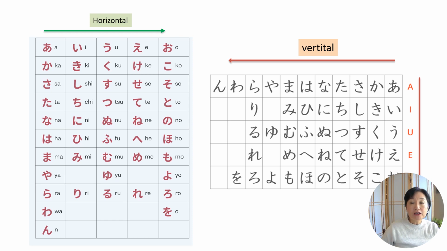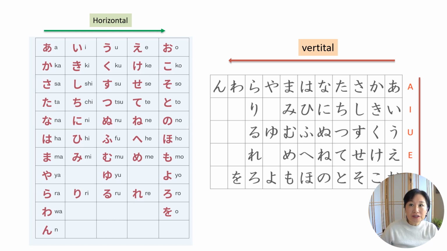If you have a beginner level Japanese textbook, you should find a Hiragana chart either at the start or end of your textbook. So take a moment, flip through the pages, and find your Hiragana chart in the textbook.